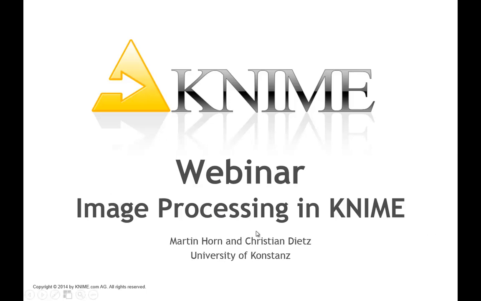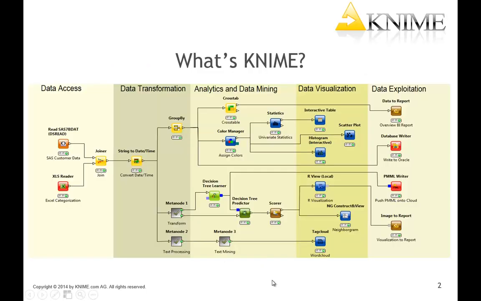First of all, for those who don't know KNIME yet, I will briefly give an introduction. KNIME is a workflow-based tool, and what you see here on the slide is basically such a workflow. A workflow is composed of so-called nodes, which are connected via wires to other nodes.